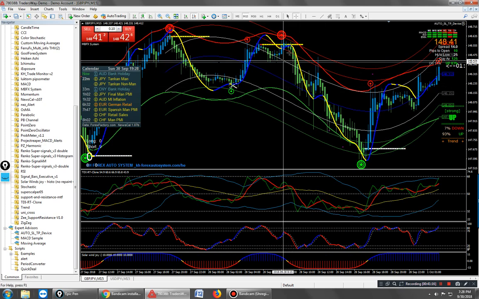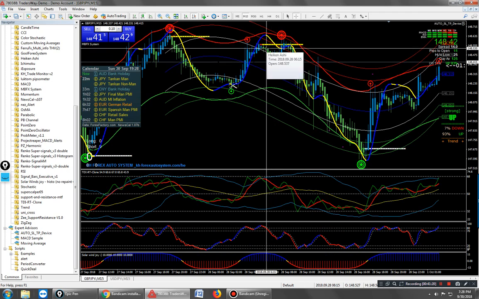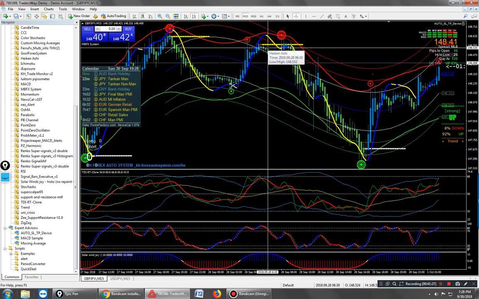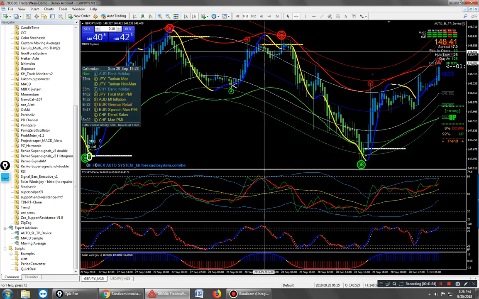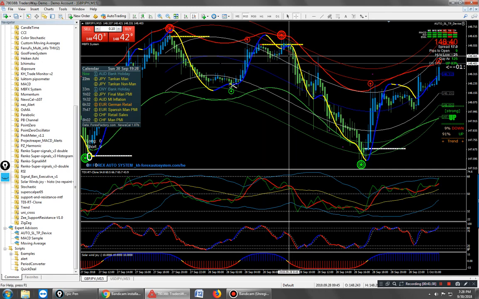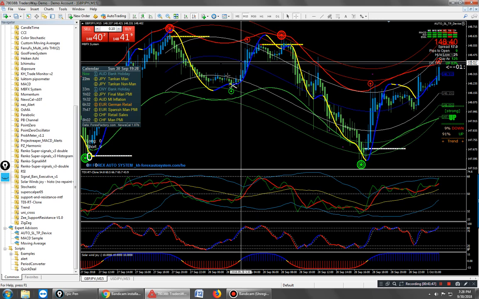But in some cases, like here, that would have been blue. As I said before, you really don't need the solar wind joy, because even though it would have said I'm still in an upward trend, don't do anything, when you have it like this and it's all the way like this, you could definitely get into a sell trade. Or if you want to wait for the lines to crisscross, you could go ahead and wait for that and then get into your sell trade or buy trade.